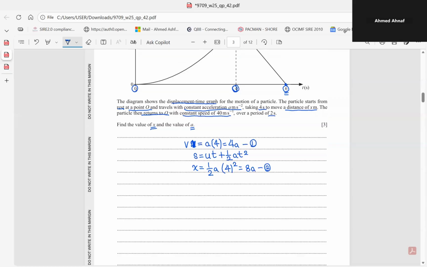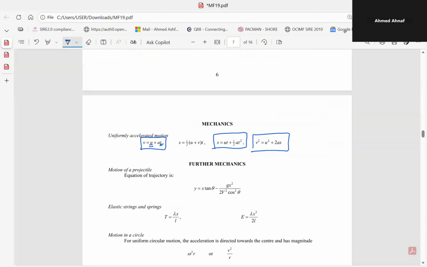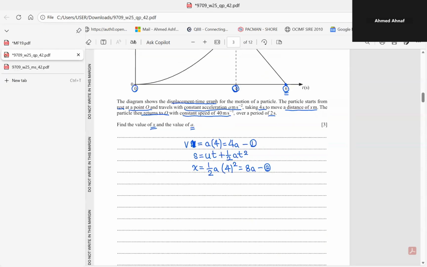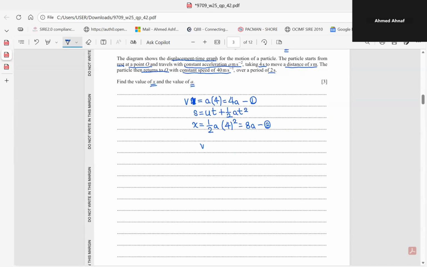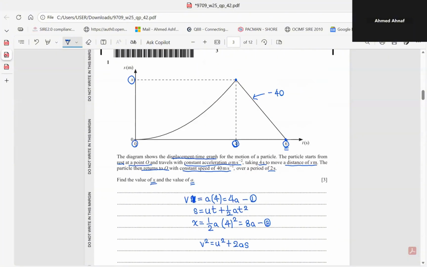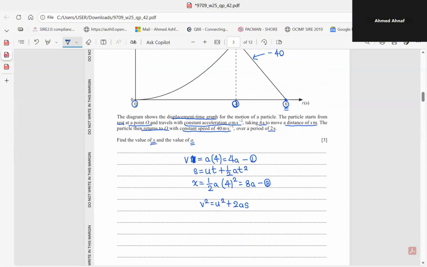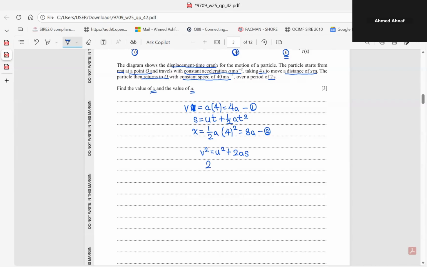Okay, what other formulas can we use? Okay, let's use this one: v squared equals u squared plus 2as. So we know the initial and final speed as well as the acceleration and the distance. So v squared equals u squared plus 2as. u squared is 0, and then 2as, where s is x, and v squared is 4a whole thing squared.